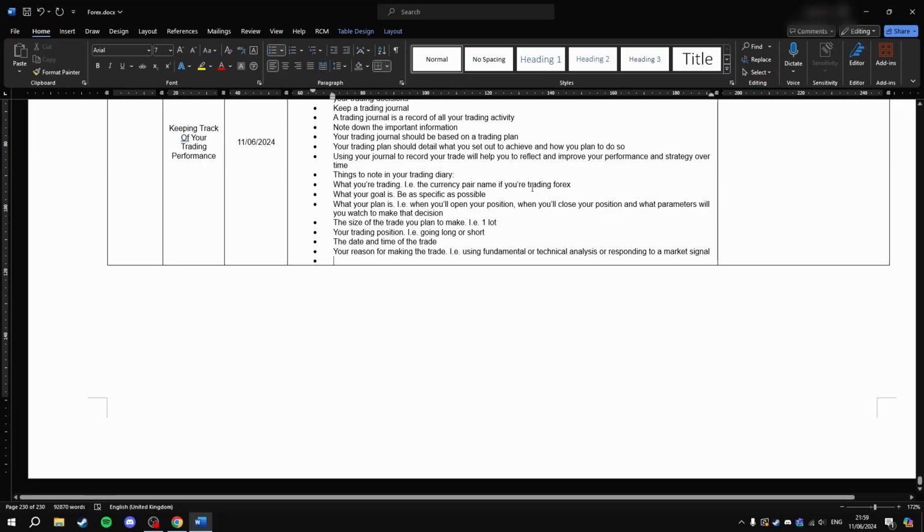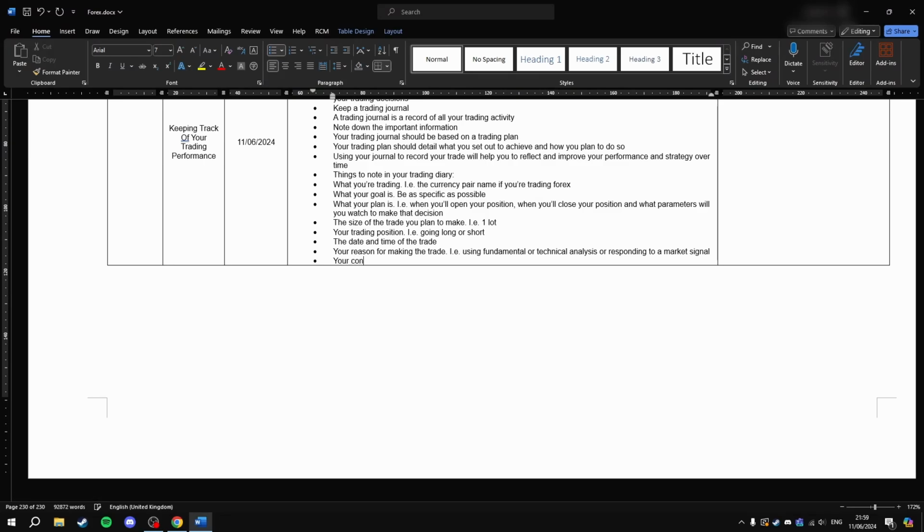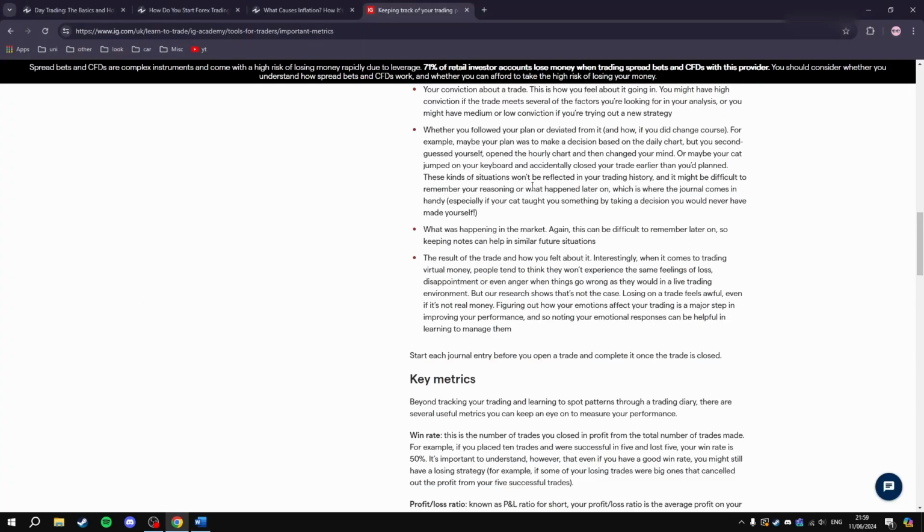Your conviction about a trade. This is how you feel about it going in. You might have higher conviction if the trade meets several of the factors you're looking for in your analysis, or you might have a medium or low conviction if you're trying out a new strategy.